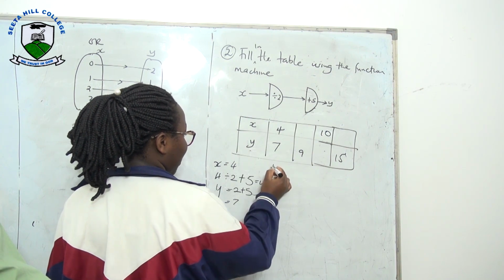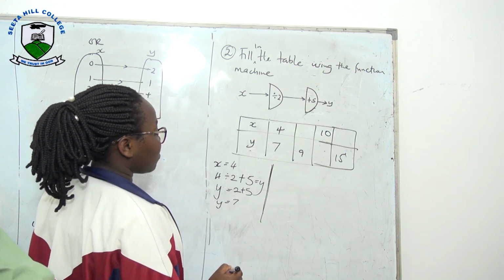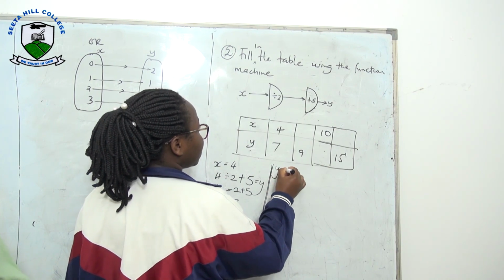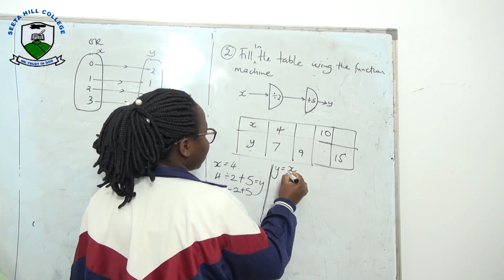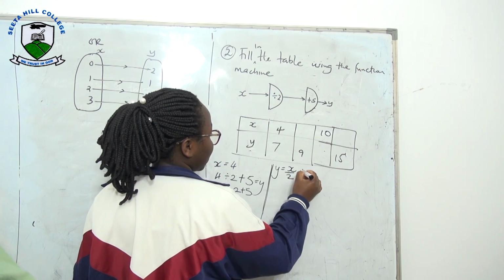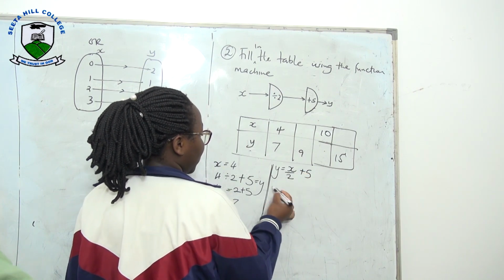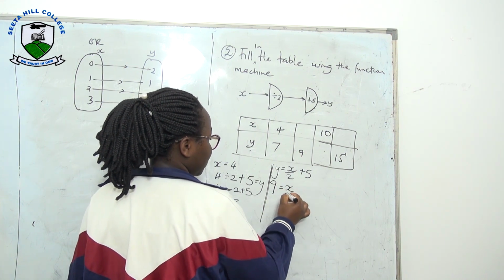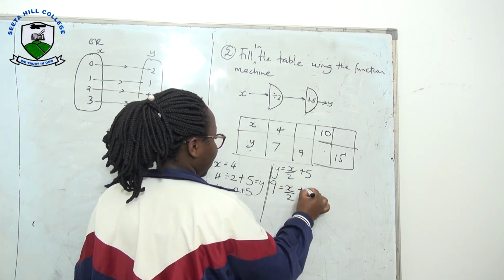So we shall also have, since this side we are given for y, so meaning y is equal to x divided by 2 plus 5. So for y it is given that it's 9. So it's 9 is equal to x over 2 plus 5.